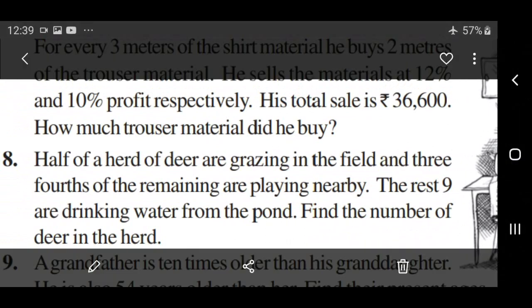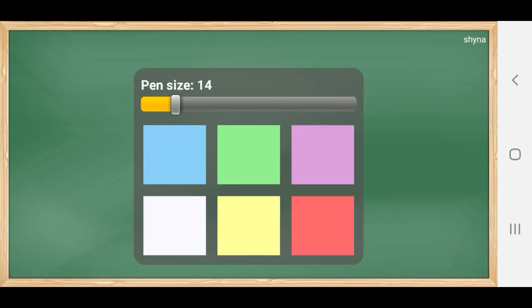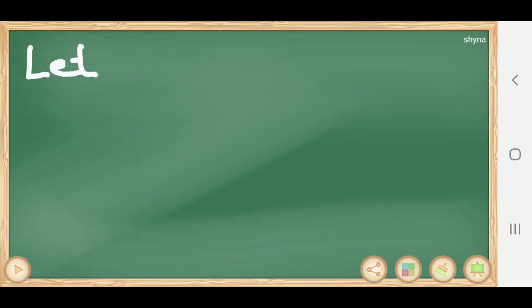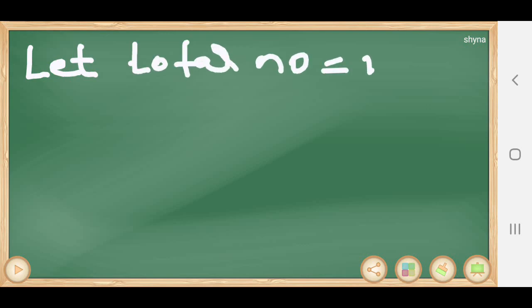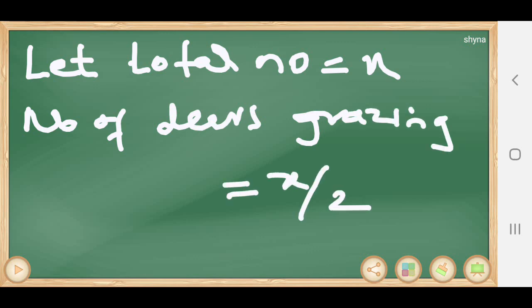Let the total number of deer equal to x. The number of deer grazing in the field equal to half, x by 2.